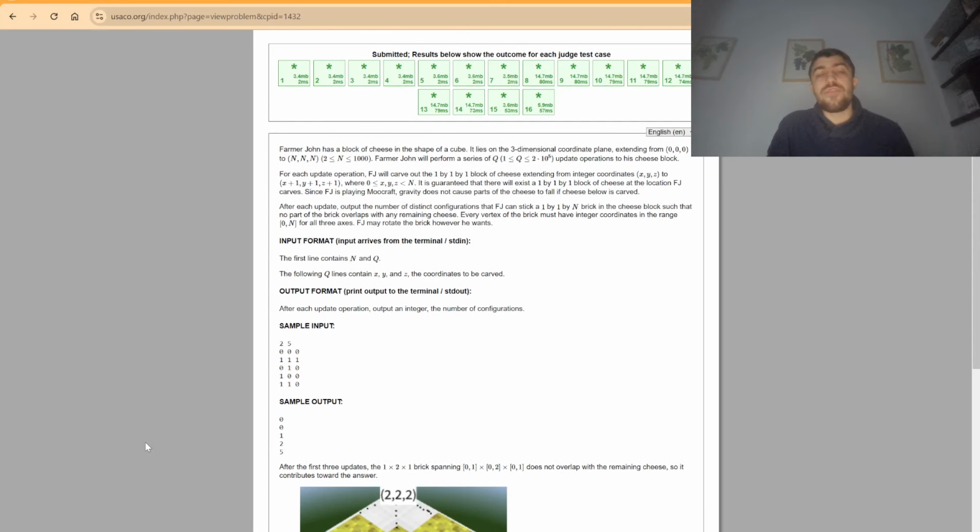And as far as some slower solutions go, if you didn't find this idea, you can always think of the fact that when you take a square from the grid, only the sides that include that square will be affected. So you can even check whether for all of these sides every brick has been taken out and you can place it or not. But again, because we are guaranteed that the updates do not affect the same position twice, it's enough to just check whether the count from that square is equal to n.